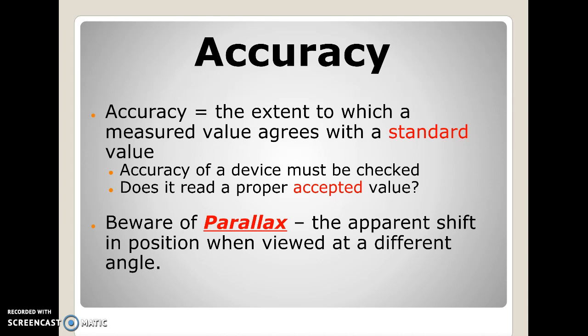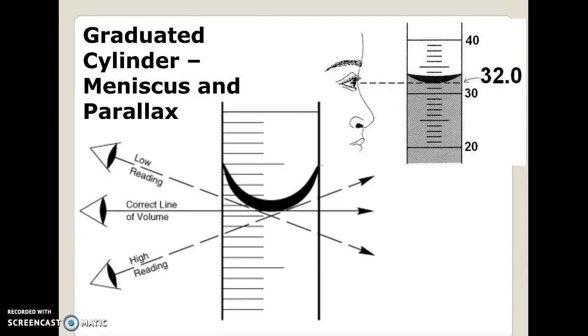One other thing, that example that I just gave you was for balances, but if you are reading a piece of equipment like glassware, like you have been for your LD50 lab and how you will next week, you need to be careful of something called parallax. And you don't have to write the definition of that, but this is what it means.